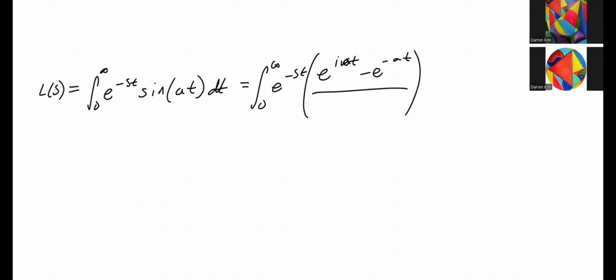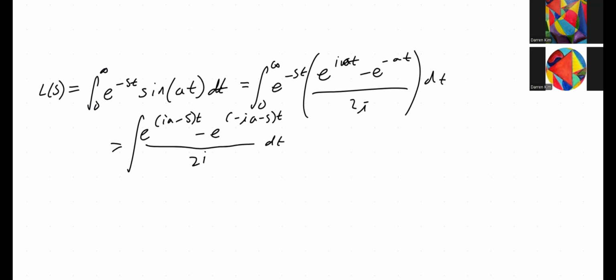Anyways, so we go from 0 to infinity of e to the negative st, basically, and then we do imaginary world, which makes this. Oh, sorry, this is a. The reason I chose A is because we kept on using A, but in reality it's omega, because that's the period or something like that.